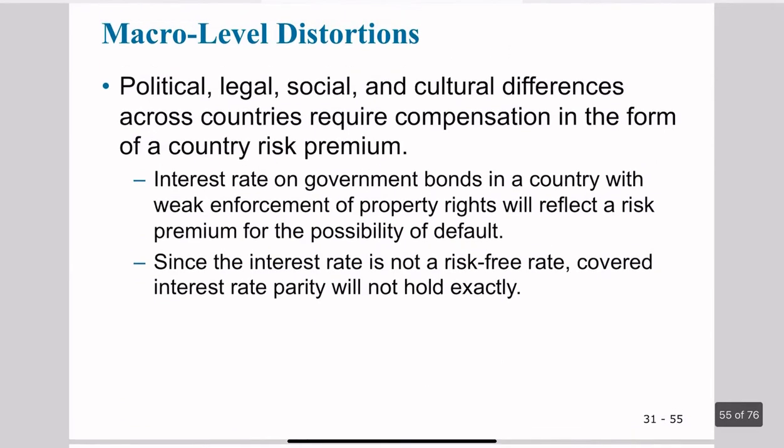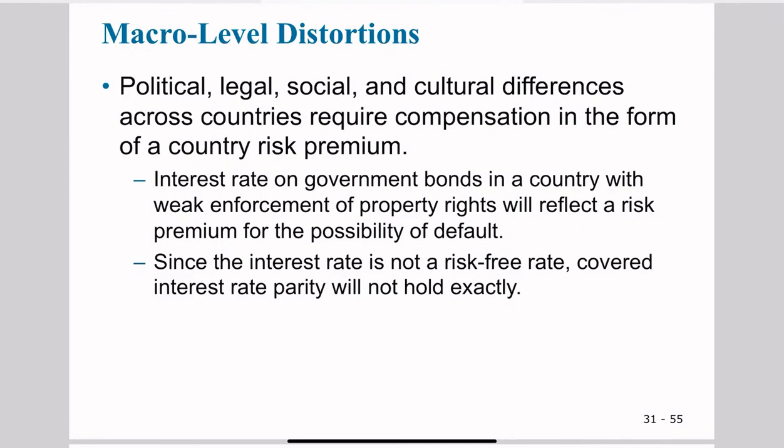And due to these differences across countries, right, either because of politics or legal reasons, social reasons, or cultural reasons, then you can see that these distortions will make some country riskier. And if you think about the spirit of CAPM, it basically says that if there is higher systematic risk, then you should get better compensation, then there should be a higher risk premium. So this is also true for countries, right?